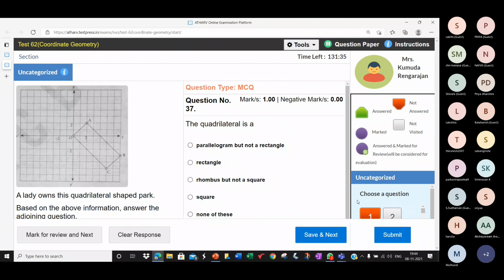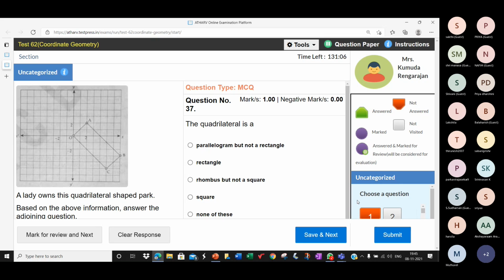Instead of finding the sides of the quadrilateral, if you feel it should be a rectangle, you can find the coordinates of the midpoint of both the diagonals. Here we get the same coordinates for both. That means the diagonals bisect each other.